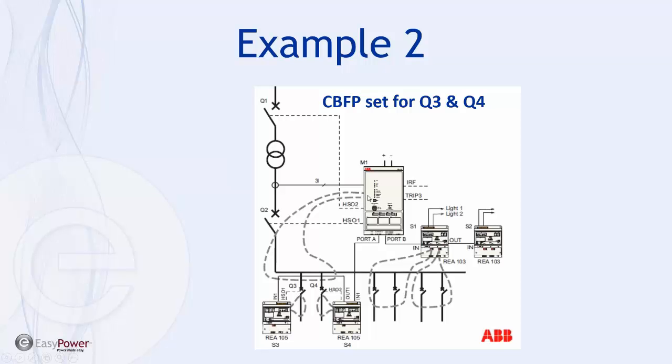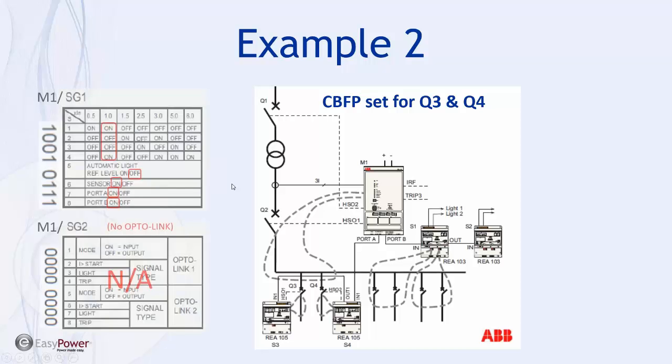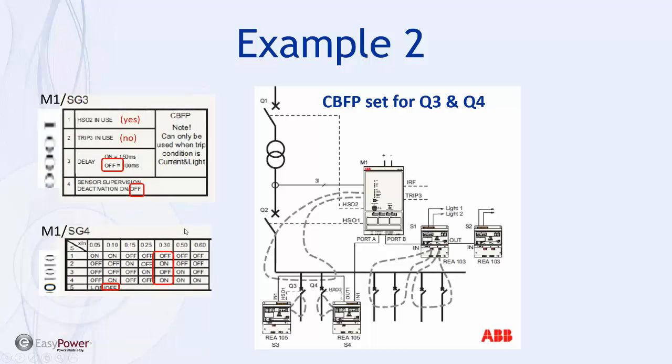So let's take a look and see what the switch settings look like for this. Really for the main unit, the only difference is the fact that you're connecting the port settings to the extension units, so they will be on. You still don't have anything, you're not connecting to another main unit, so this is inapplicable like we discussed before.